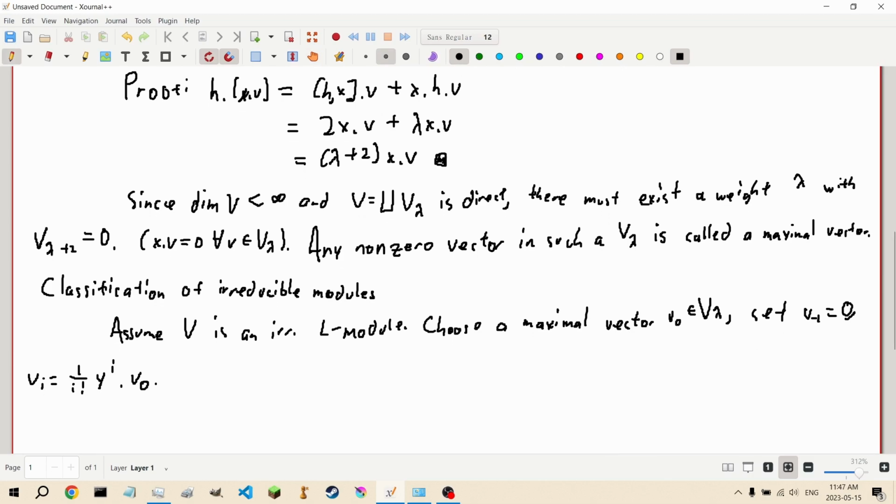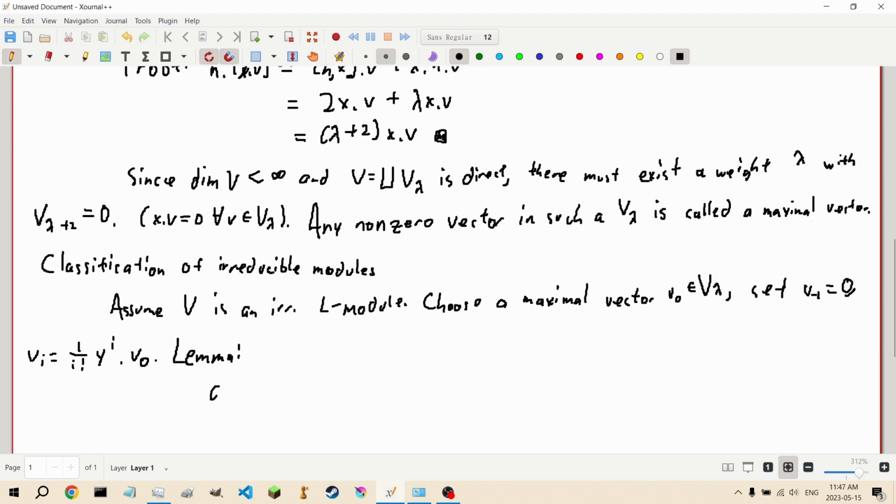And we have a lemma directly from this. This is kind of our setup. A: H on each v i is equal to lambda minus 2i times v i. B: Y acting on v i gives us i plus 1 times v i plus 1.